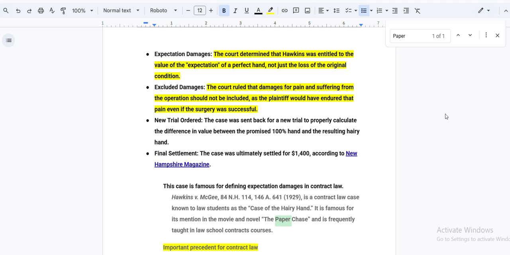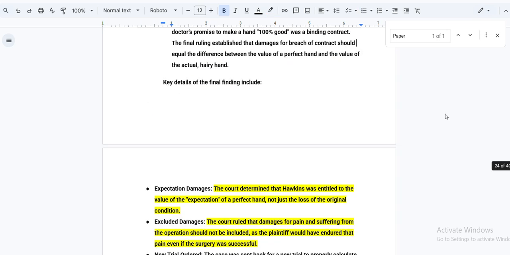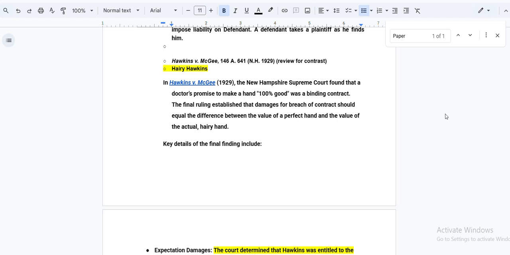The doctor is liable in this situation with the hairy hand because of a breach of contract, not because the skin graft didn't work, not because he didn't practice medicine correctly. It was the contract that he made that guaranteed 100%.